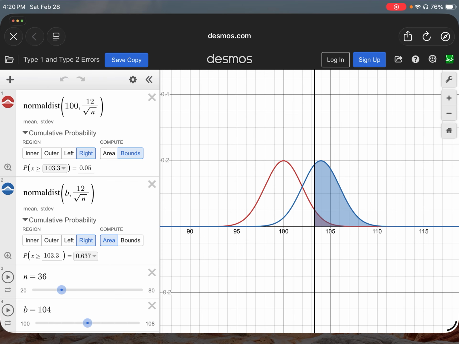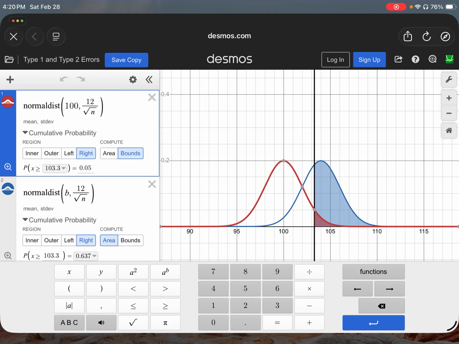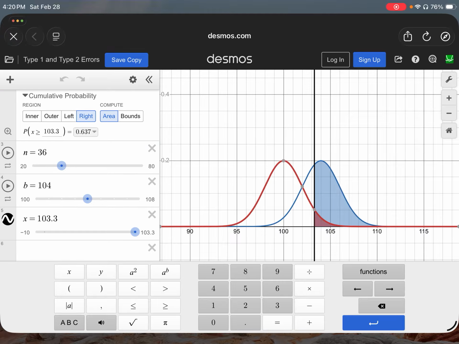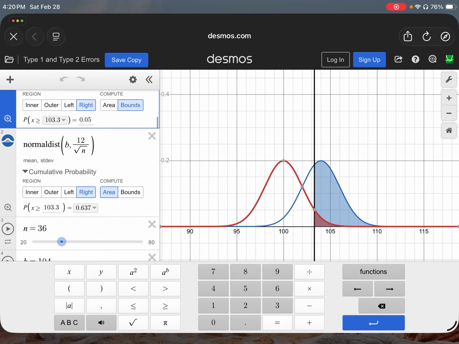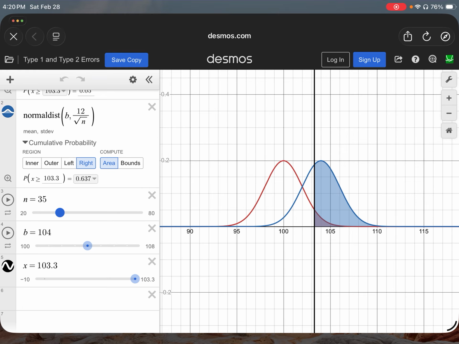Notice I've made sliders. I did that with an N so I can change the sample size. Right now the sample size is 36, see that? This is kind of cool, I can just slide it over and the sample size is changing. Let me put it back to 36.